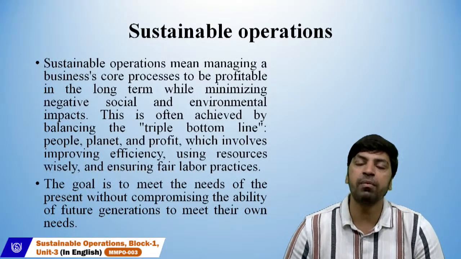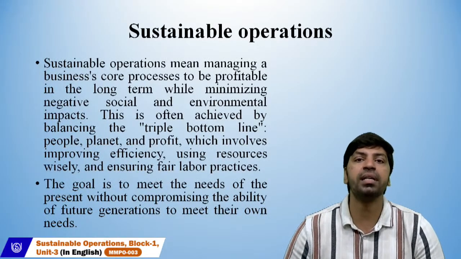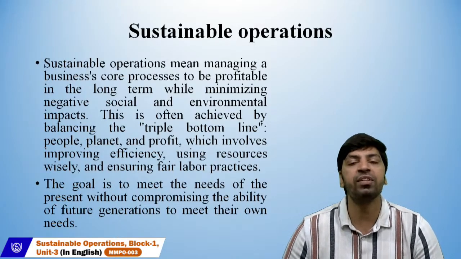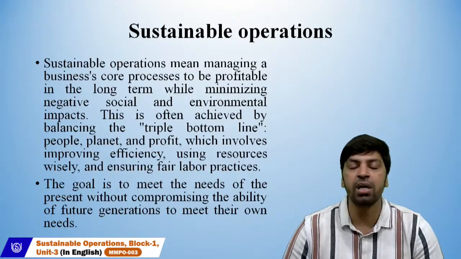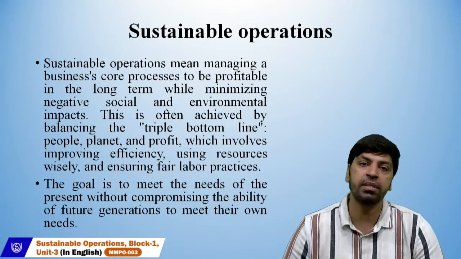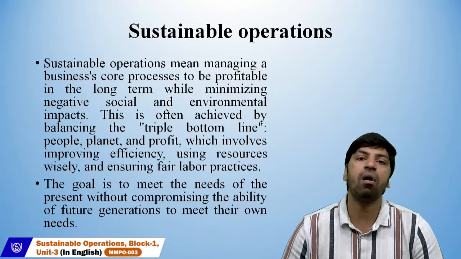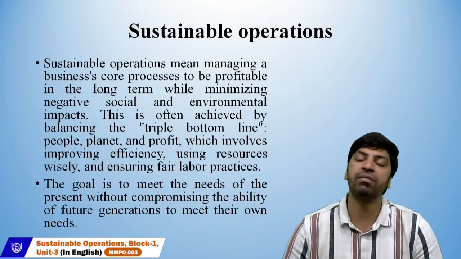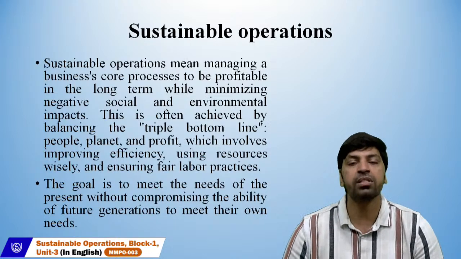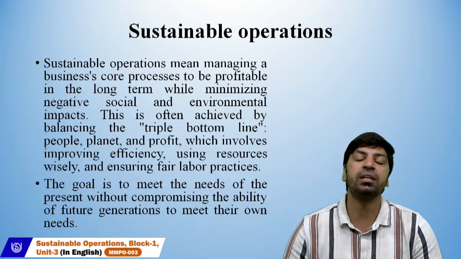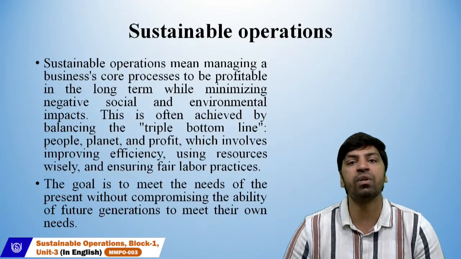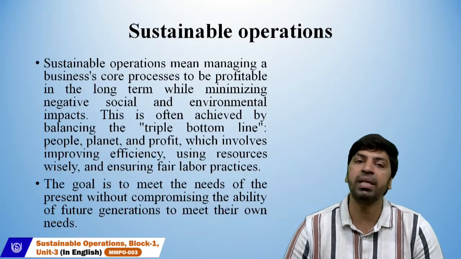Now we can come to the next section, called sustainable operations. Sustainable operations refers to managing a business's core processes to be profitable in the long run while minimizing the negative social and environmental impacts. So it's all about reducing the negative social and environmental impact.